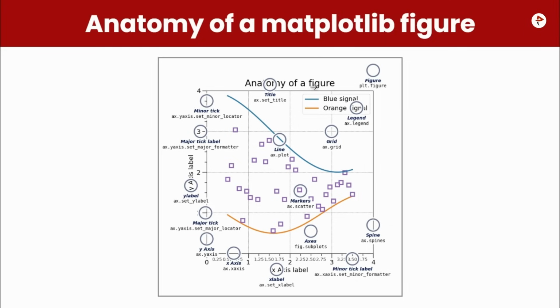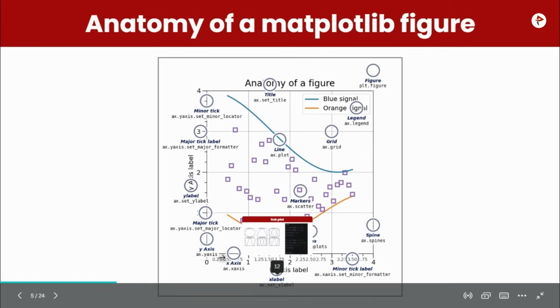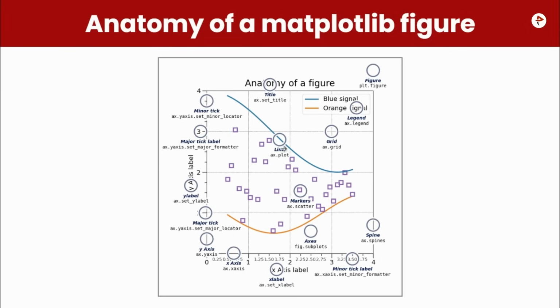This is the title, where you can set the title, and you can set a minor tick and major tick. You can set the y label, x label, x axis values, y axis values, markers, the type of the line, and you can place the grid also. You can place the legend, which mentions what color represents what. So this will be the general anatomy of a Matplotlib figure.